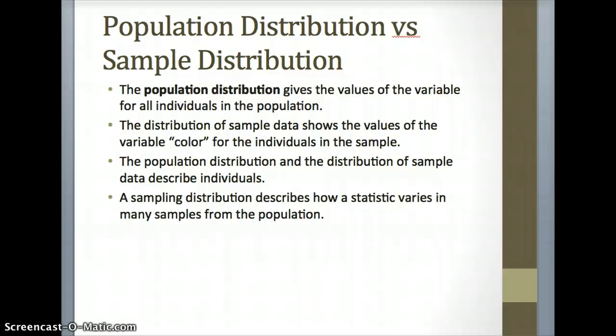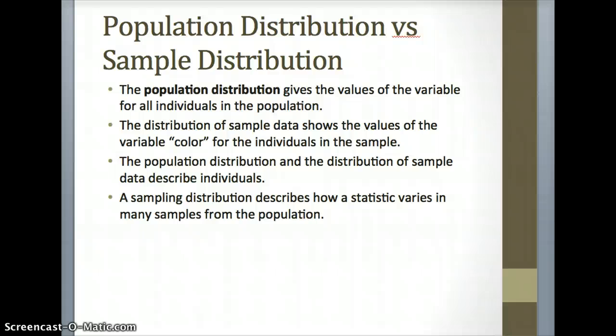The population distribution and the distribution of sample data describe individuals. A sampling distribution describes how a statistic varies in many samples of the population. That last thing we've already discussed.